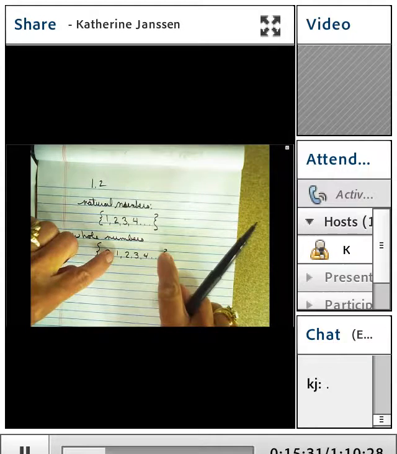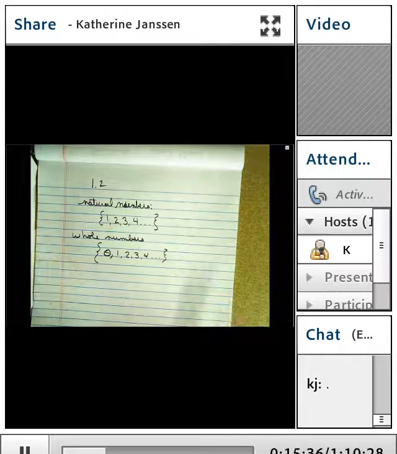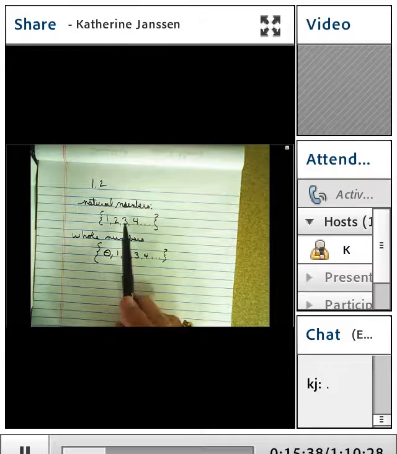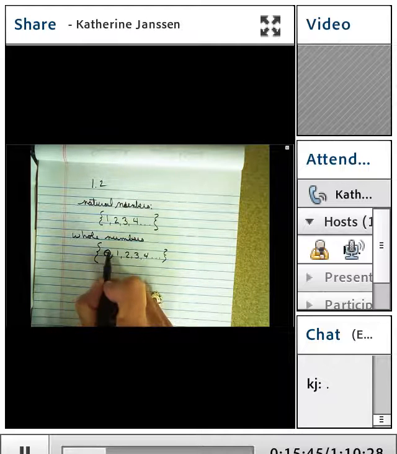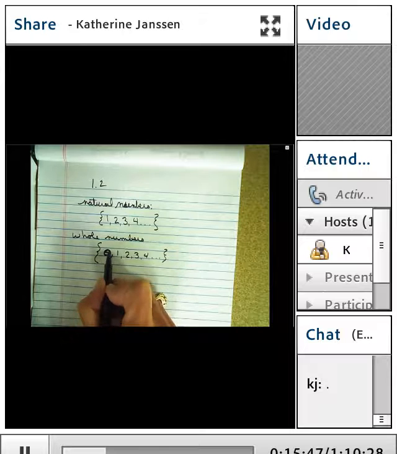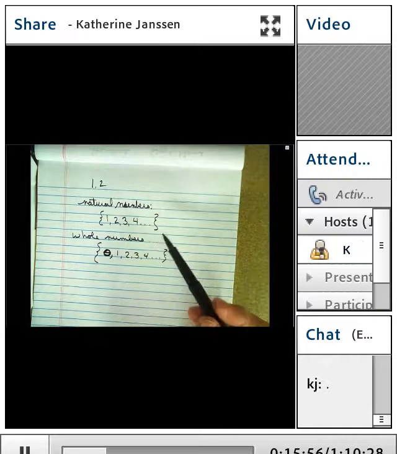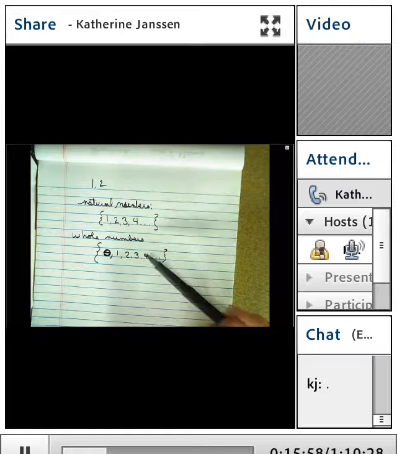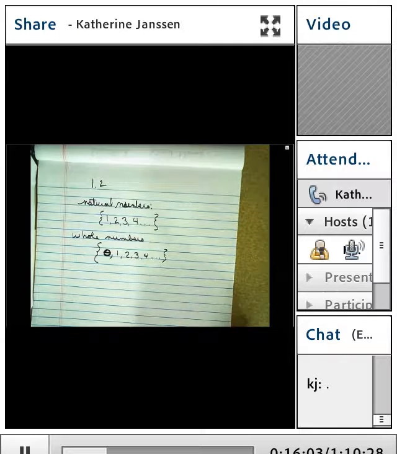We build upon the natural numbers to create the set of whole numbers. I just think of the whole numbers: here's a big hole, it is our zero value. Make sure you understand the set of natural numbers and the set of whole numbers, and that the whole numbers include a zero and the natural numbers.